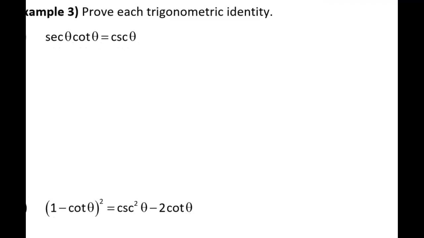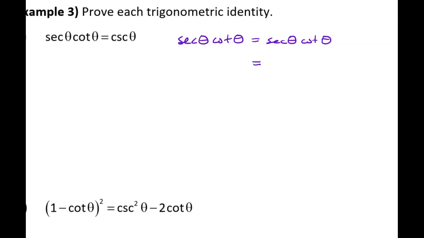What I'm going to do is give you a left side of the equal sign that's the easiest one for you to work on and make it look like the right. So let's start with secant of theta times cotangent of theta equals itself. That first step is something that anyone can accept, an expression equal to itself.